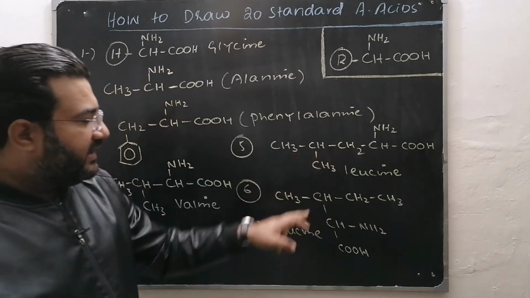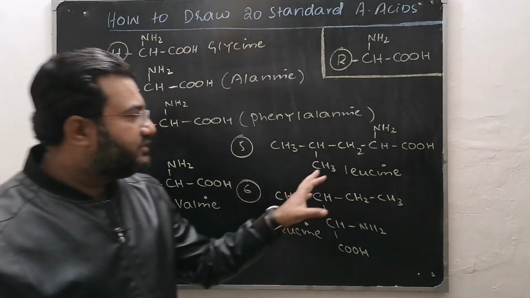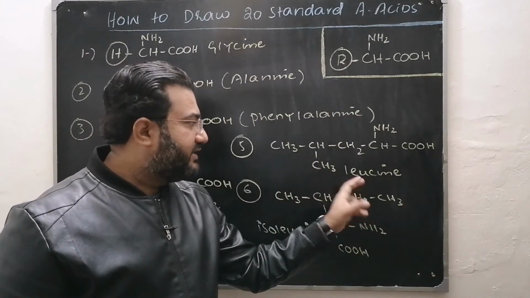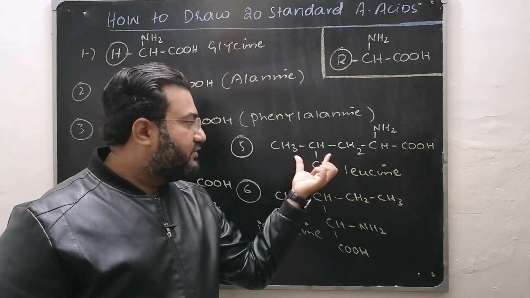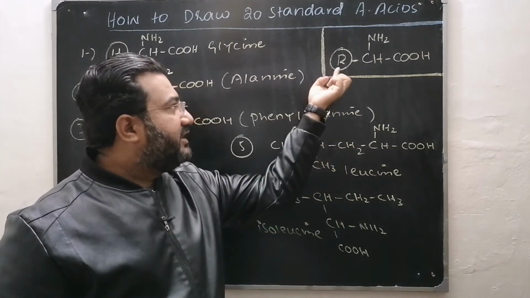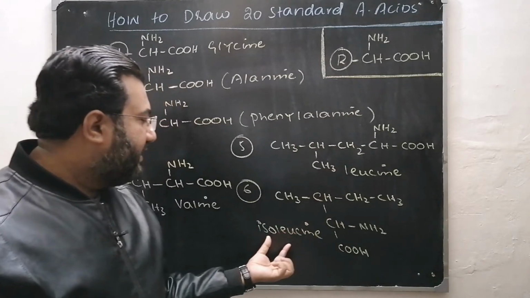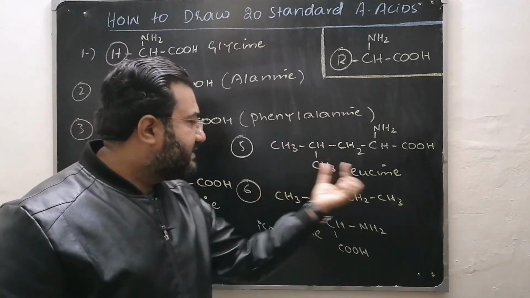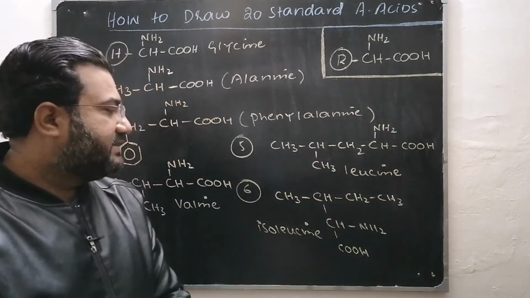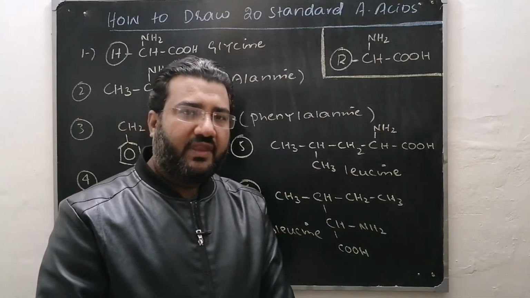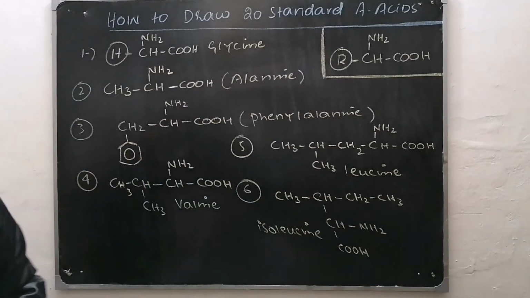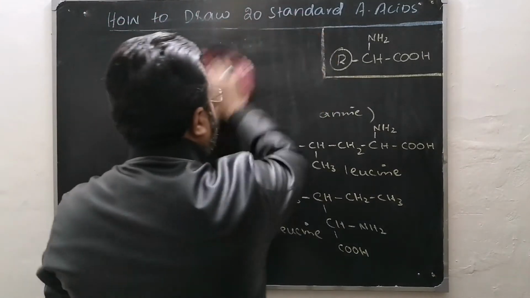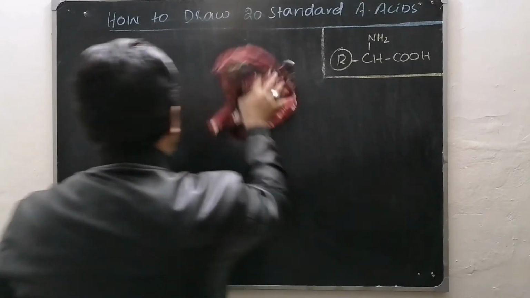So leucine and isoleucine are isomers of each other. The only difference is that in leucine you place the isobutyl at the place of this R group, and in isoleucine, rather than isobutyl, you place the secondary butyl. Now these are the 6 standard amino acids.